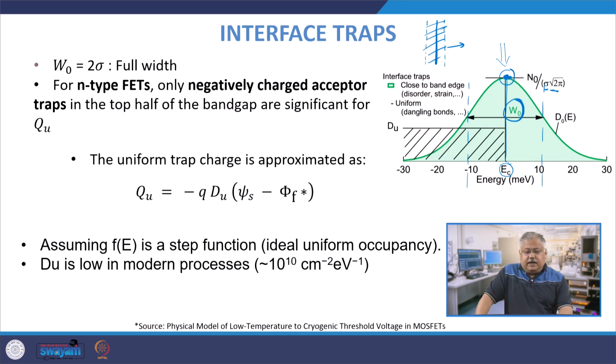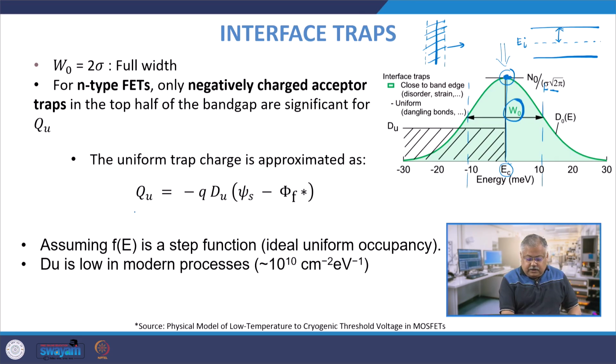For an N-type MOSFET, only negatively charged acceptor traps in the top half of the band gap matter. If you remember, when you have the conduction band and valence band, you have the intrinsic level Ei at the middle. So all the negatively charged acceptor ions in the top half of the band gap are significant for the interface trap charges.